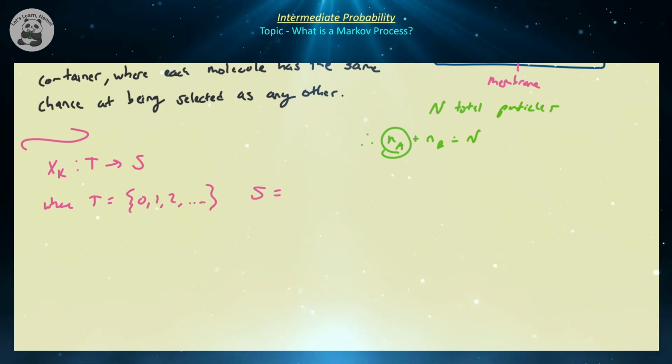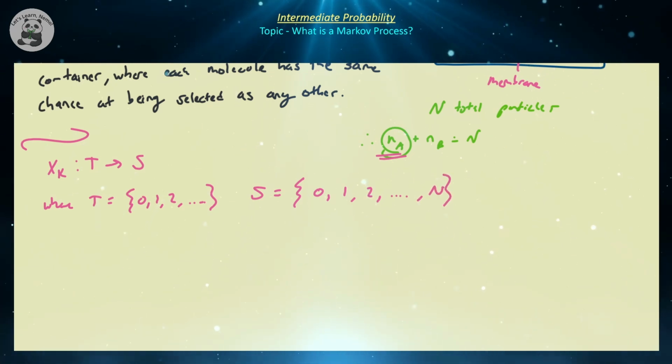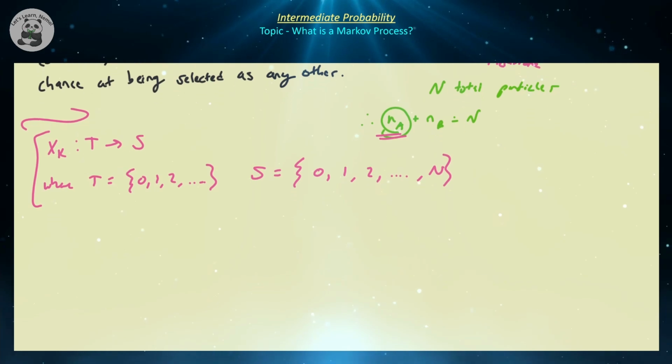And the state space, again, we're using x_k to represent the number of molecules in A. So the smallest our state space can be is 0, and the largest it can be is what? Take a guess. That's going to be capital M. All right, so that's the setup for our stochastic process.